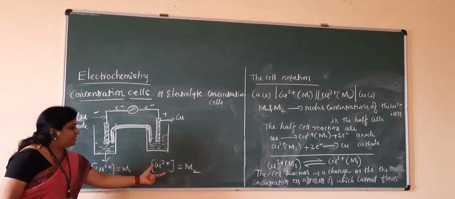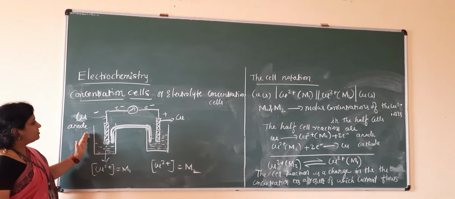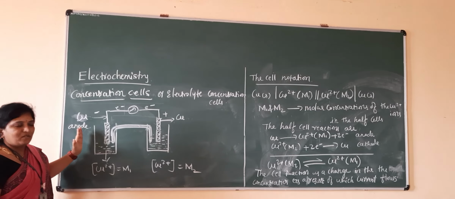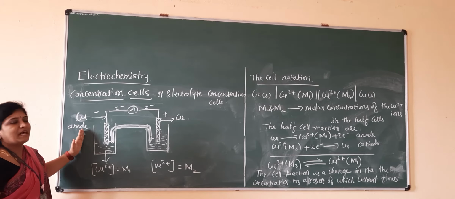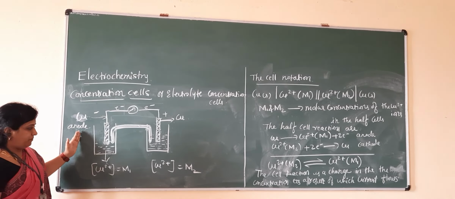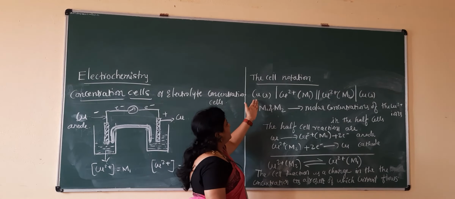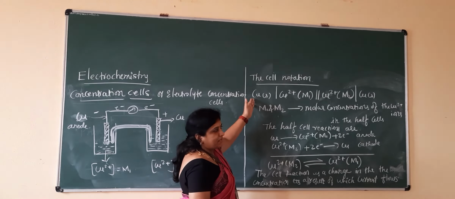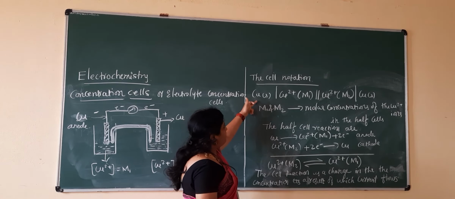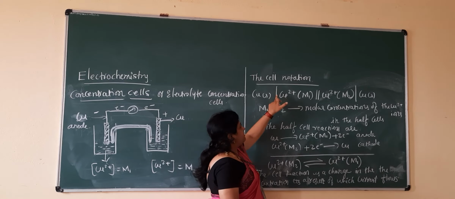So different concentrations are there. This is called a concentration cell. This is an example for the concentration cell. The concentration cell can be given a notation, and is written like this: copper, a single vertical line.